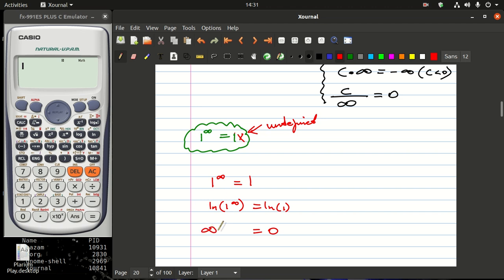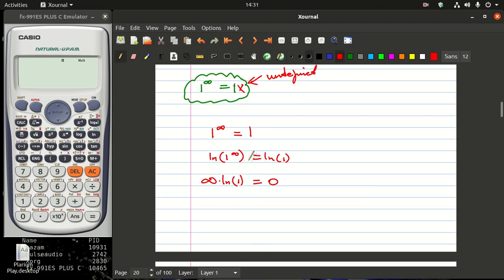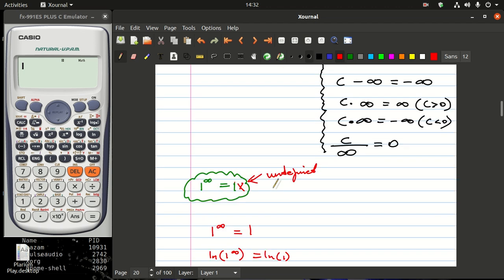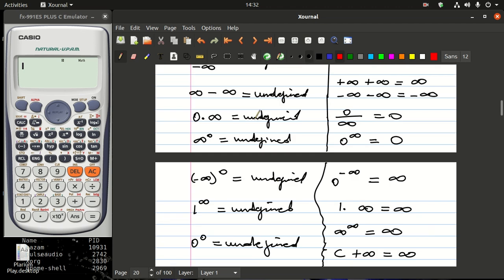So I have infinity times ln of 1. We know that ln of 1 is just a 0, so infinity times 0 is just equal to 0. What this is saying is that you were lying when you said that 0 times infinity is undefined.